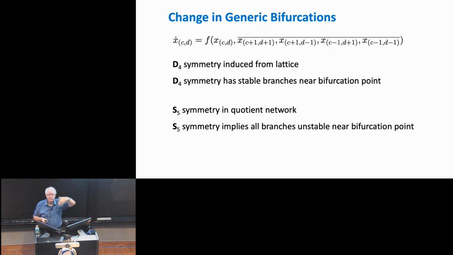For each point CD in the lattice, with coordinates C and D, you have x sub CD as the coordinate. And the derivative of that with respect to time is a fixed function f, which could be any function, but it's the same everywhere, of the variable for that node and the 4 variables for the 4 adjacent nodes.